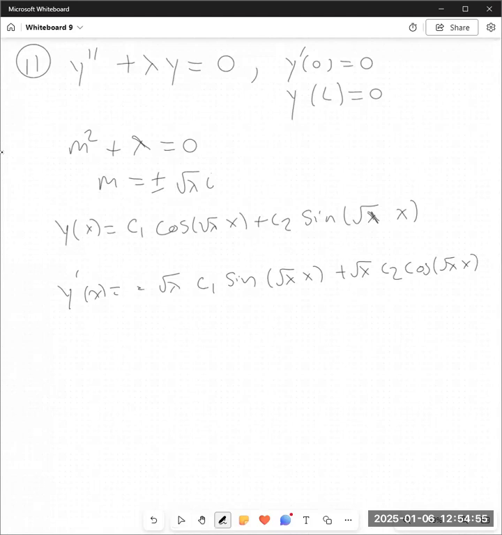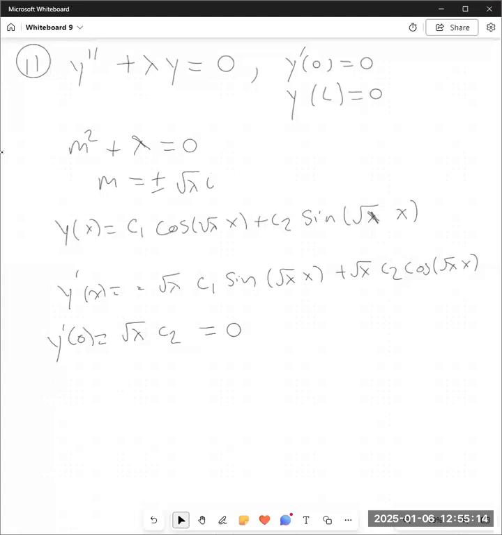So y'(0) equal to root lambda c2, and that equals 0.